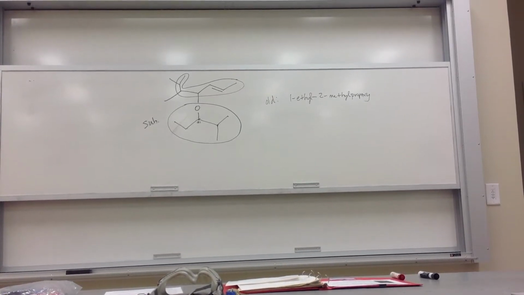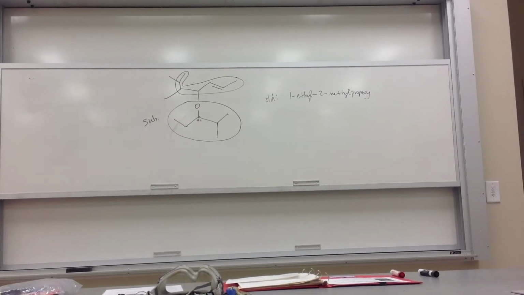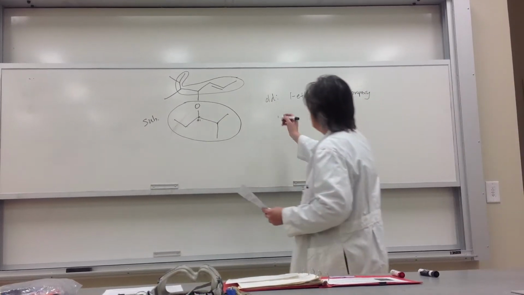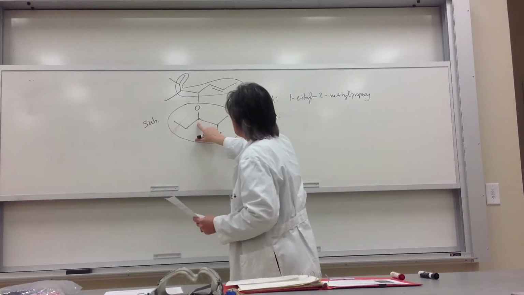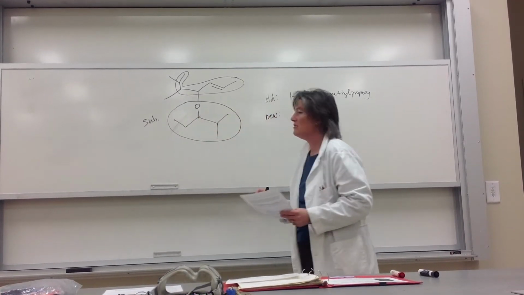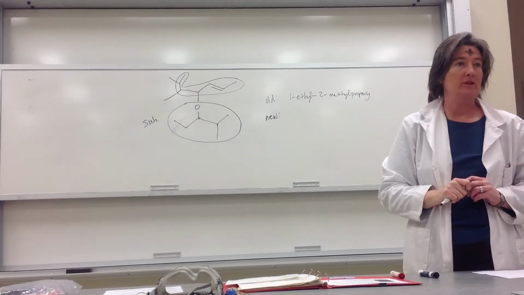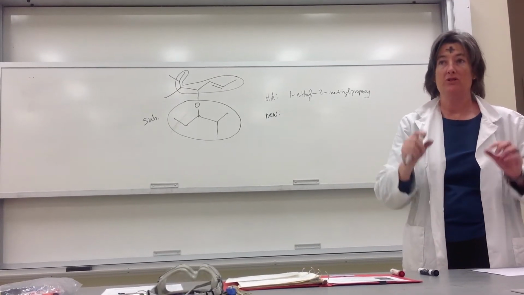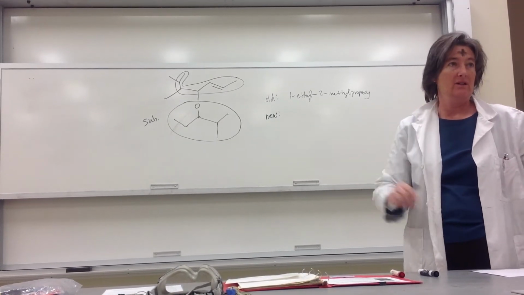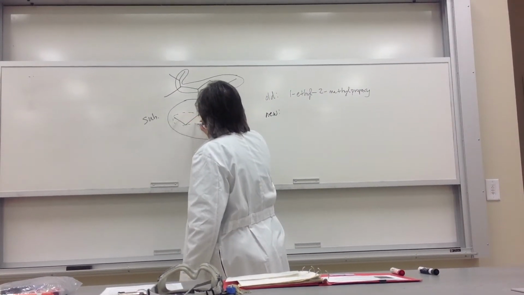The new way is a little bit weird, and I think I actually plugged this into ChemDraw to help me out. Just doing the ending is kind of weird. Under the new way, if you remember, you don't start the numbering necessarily at the point of attachment. The point of attachment just gets the lowest possible number, and you choose the longest chain. So, the new way, I'm going to say, okay, there's my longest chain.